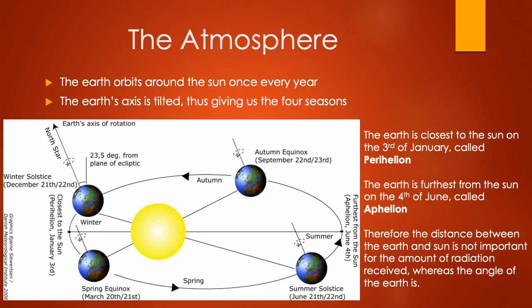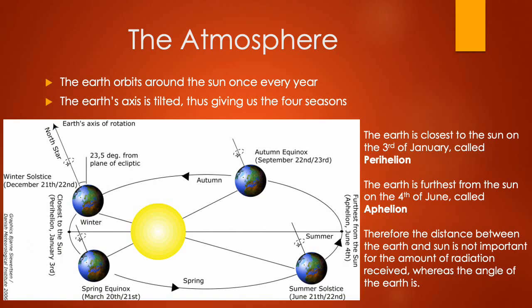So depending on where the Earth is within that cycle, because of the tilt, gives us the summer, spring, autumn, and winter. And it's a combination of how close we are to the sun and also the tilt of the Earth at that time.